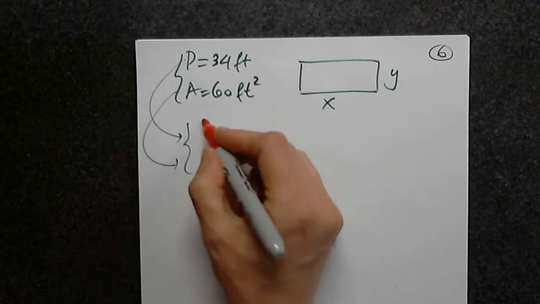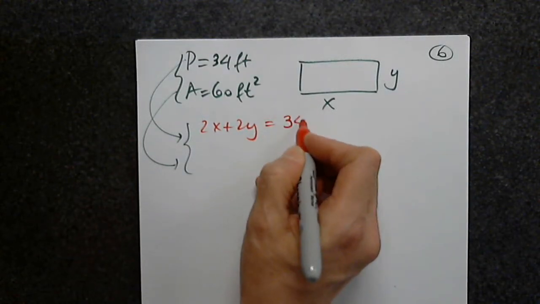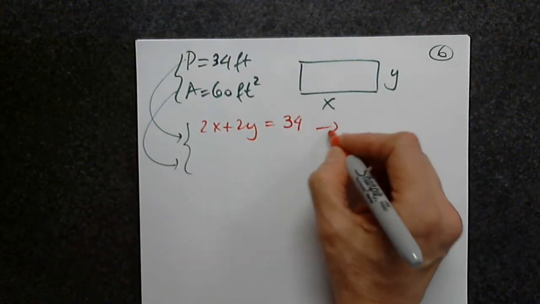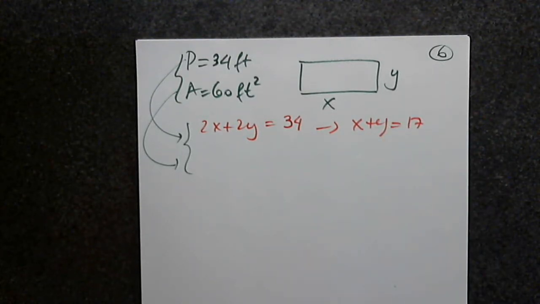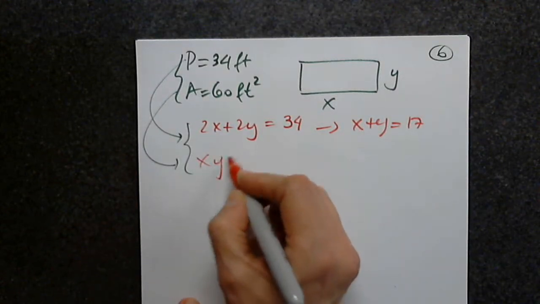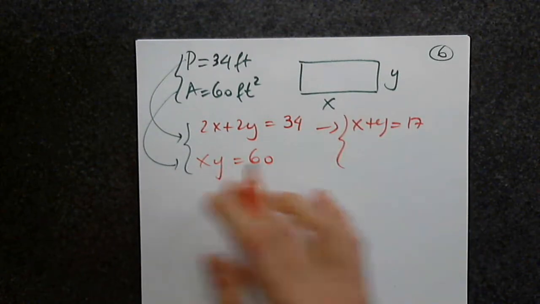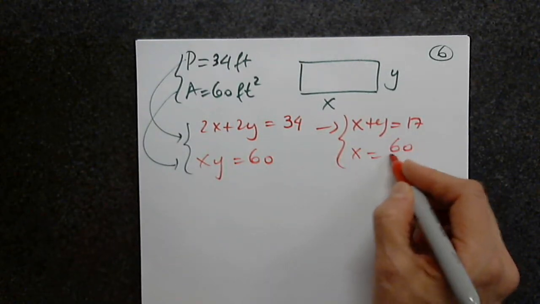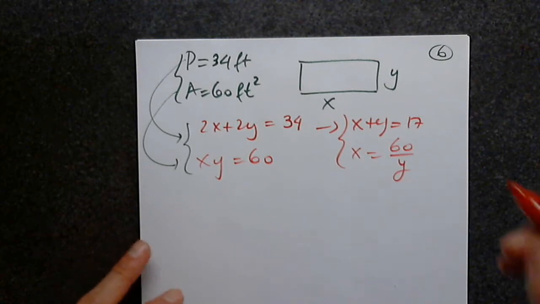Very good, awesome. 2x plus 2y equals 34, which will immediately change into x plus y equals 17. And what about the other one? Very good. Perfect, awesome. So of course from here I'm going to solve, let's say, for x. There is no other way. The variables are not the same, so I cannot use elimination.